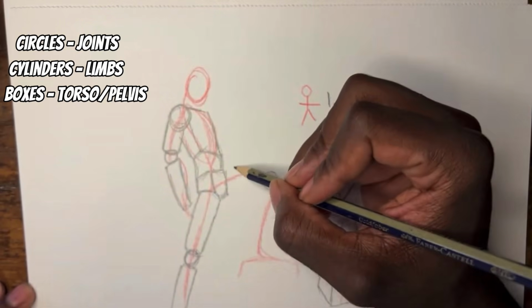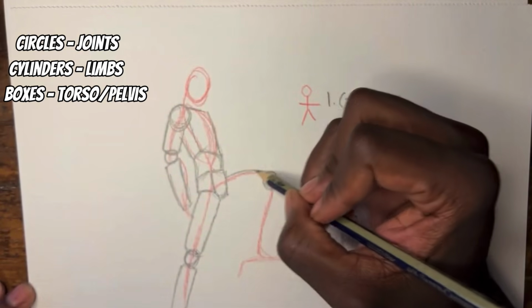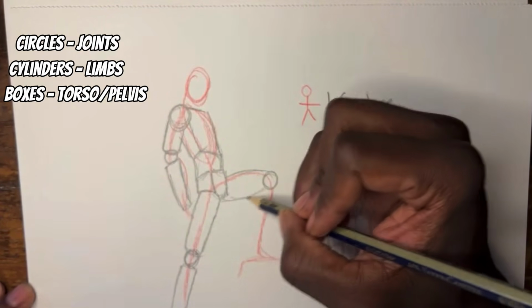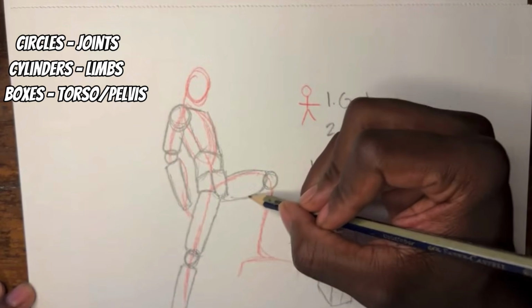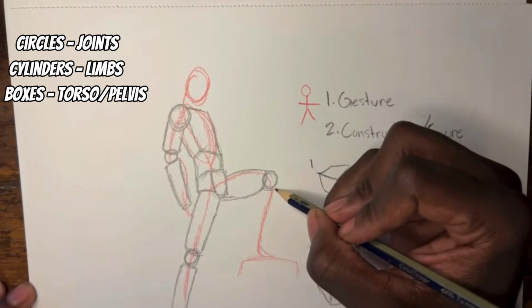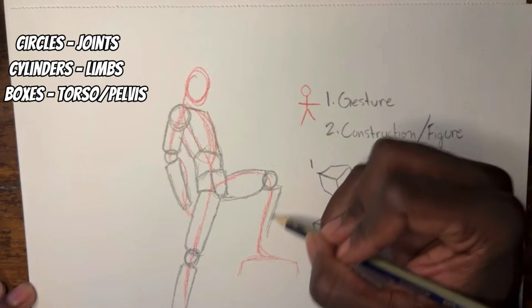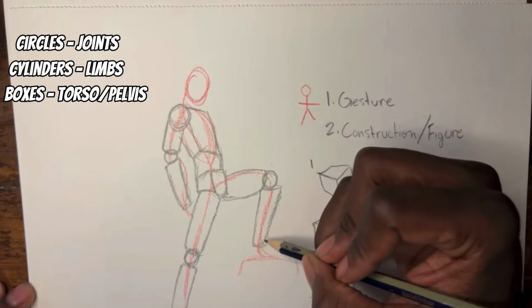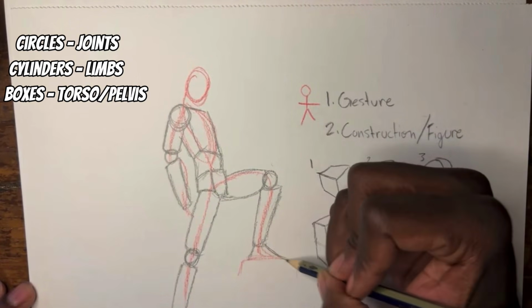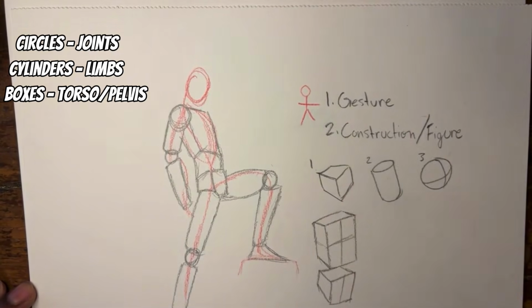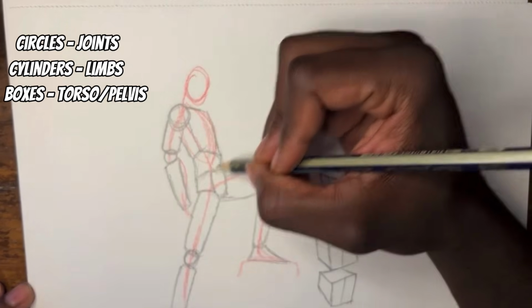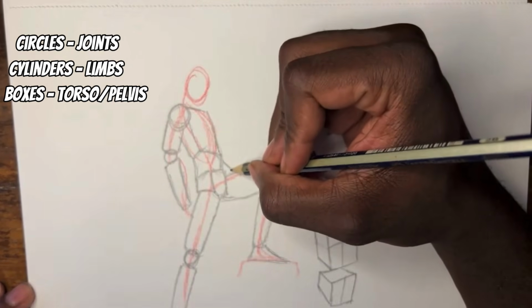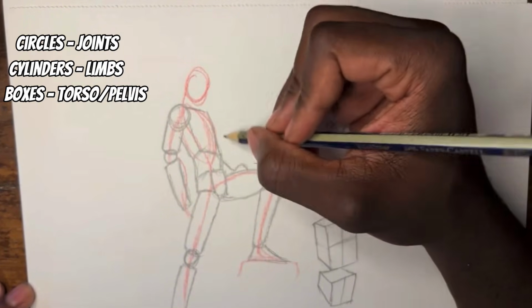And then we'll add our other cylinder for our legs here, and one more for the shin and the calf. And we can just do like a triangle for the feet. And let's just add another arm right over here.